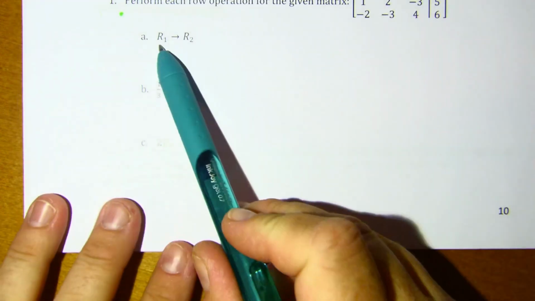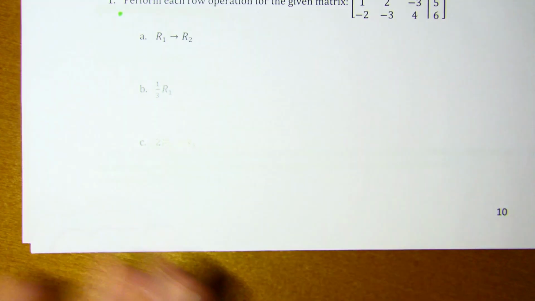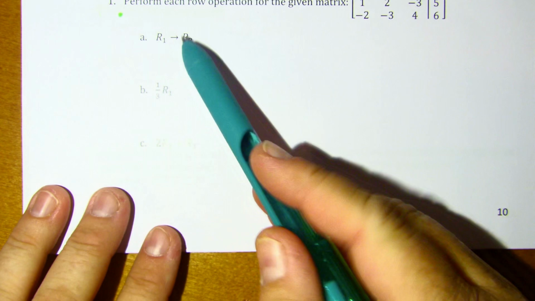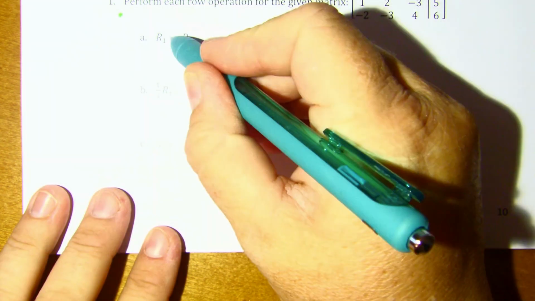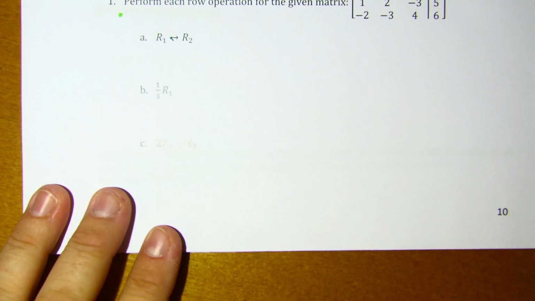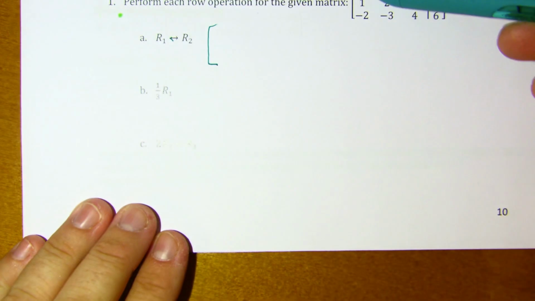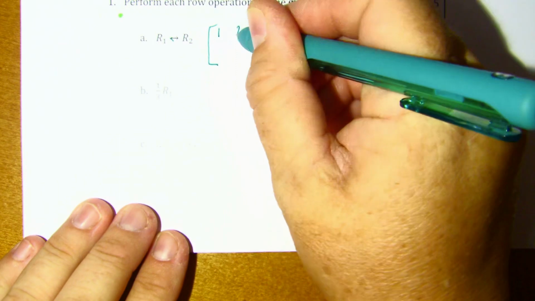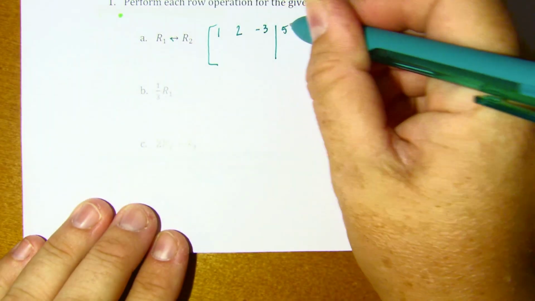This notation right here, row 1 is switching with row 2. That's all that means. That arrow right there, you could have an arrow just pointing that way, or you could put an arrow on the other end of it as well. And all of that means is that you're switching rows 1 and 2. So if we're using this matrix here, row 1 and row 2 are going to switch places. So this becomes 1, 2, -3, and 5.